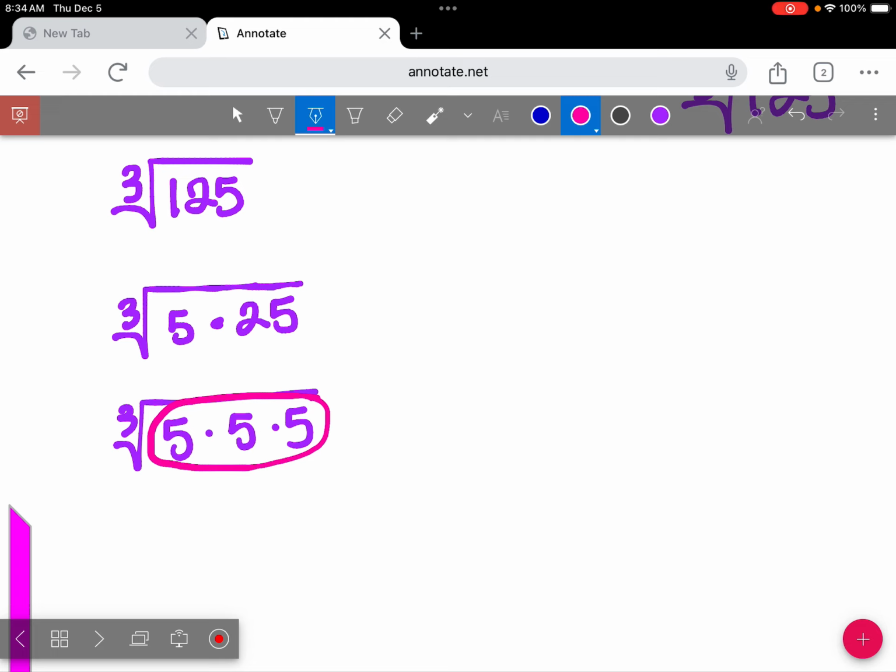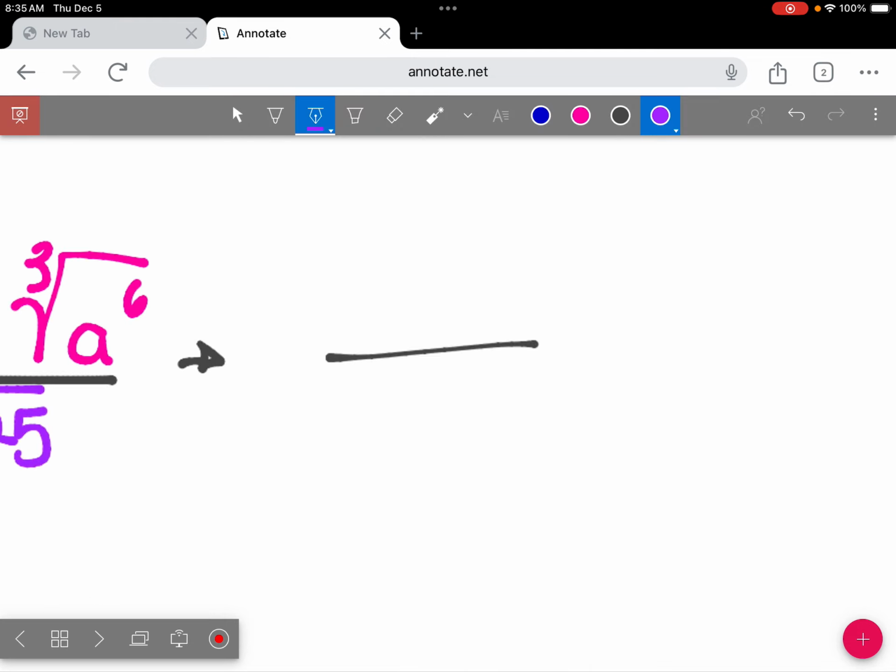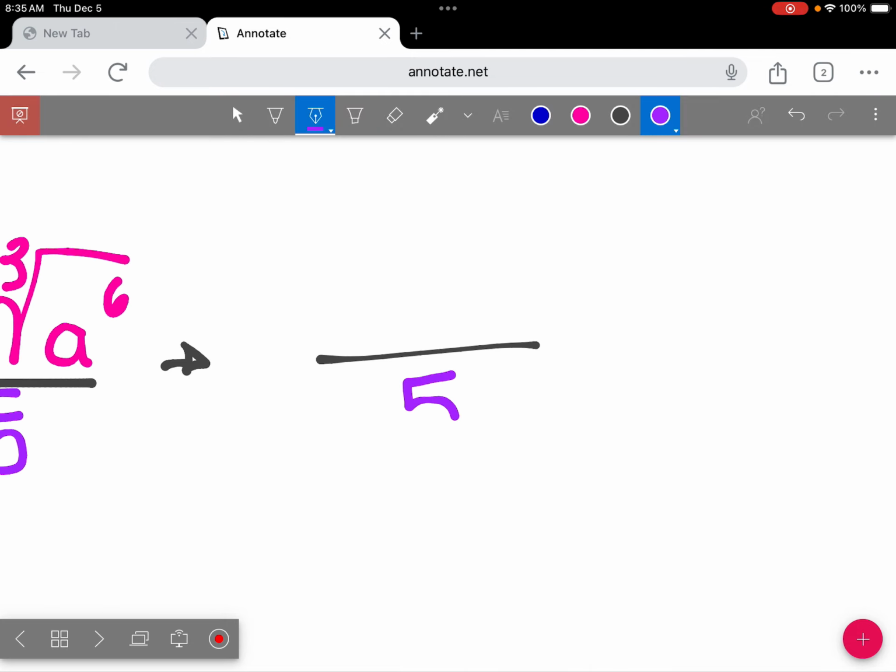It's finding that set of 3 in there. So these guys get to come outside, and this becomes just 5. Most of the time, we are perfectly happy to let the calculator do it for us. However, sometimes it doesn't come out all pretty, and we have to do it by hand. So our cube root of 125 does equal 5. You can absolutely type it in the calculator, but I promise I did that for a reason.